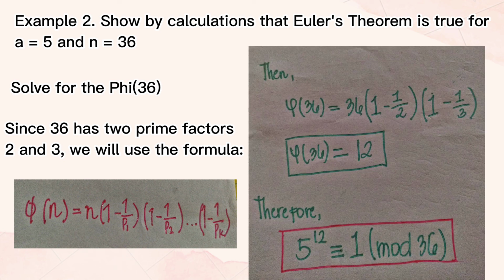Then we substitute the values of a and n into the formula, which gives us the answer. Since 5 and 36 are relatively prime, therefore 5 raised to 12 is congruent to 1 mod 36.